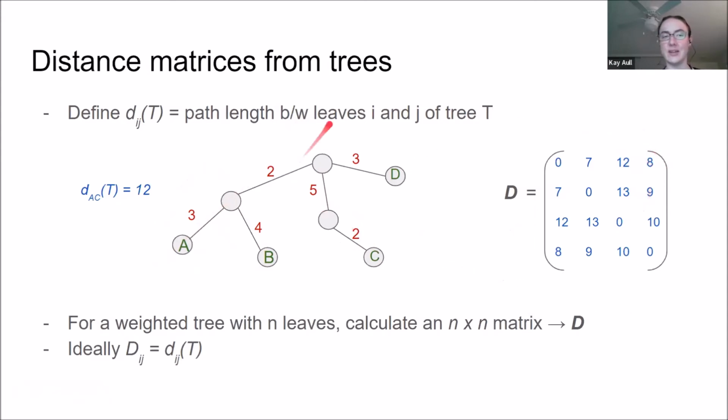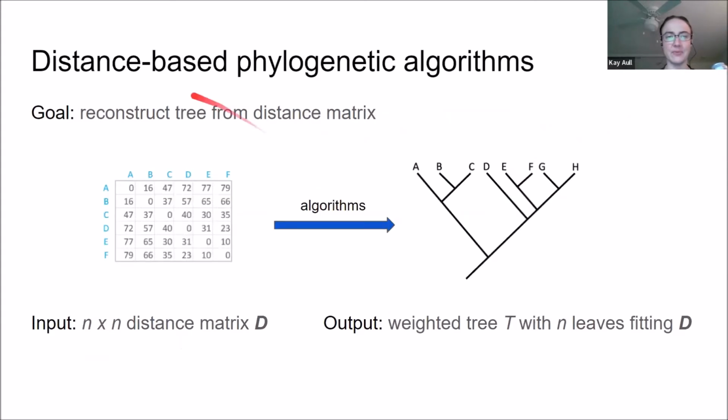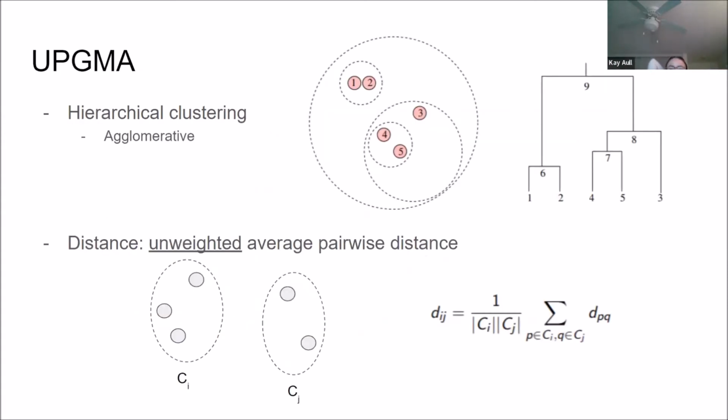So usually you will not know this tree. All that you can see are the leaves, and you can see how different they are from each other. And then you have your distance matrix. What you want to do is calculate this tree over here. So you want to come up with an algorithm for doing that. UPGMA and WPGMA are clustering methods.